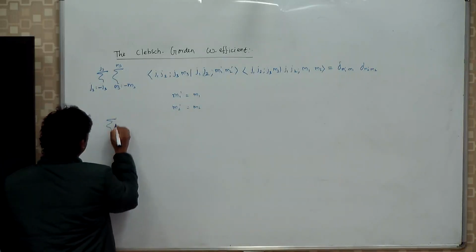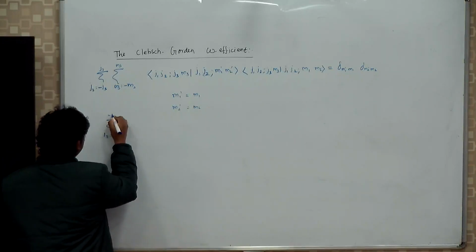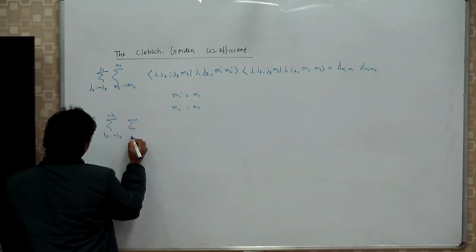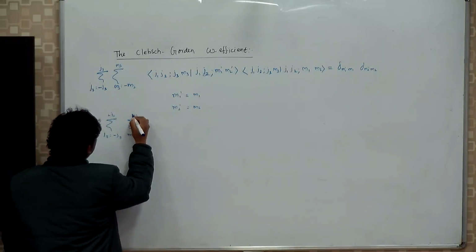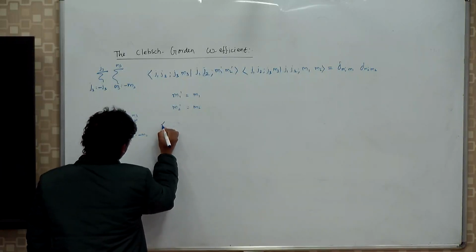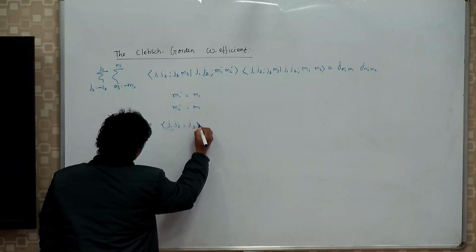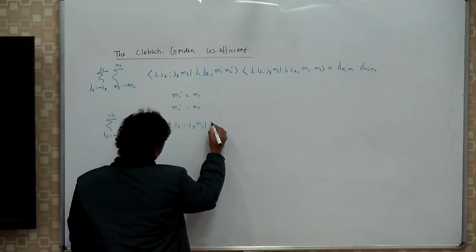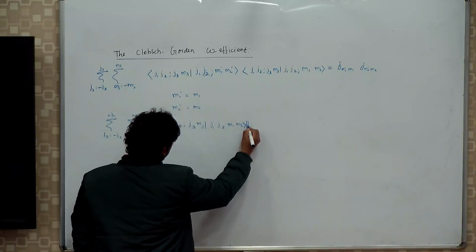Now sum over J3 equal to |J1−J2| to J1+J2, and again sum over M3 equal to −J3 to J3, then ⟨J1 J2 J3 M3 | J1 J2 M1 M2⟩ squared.